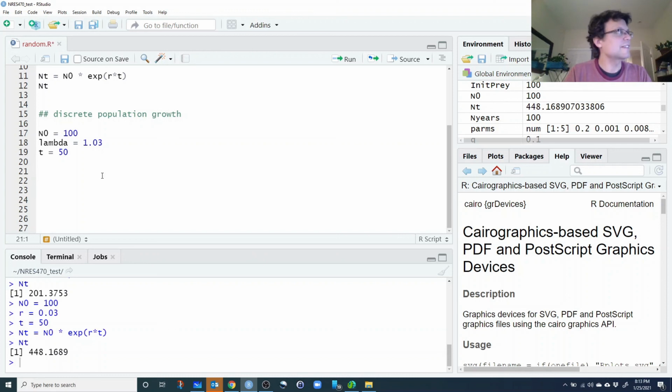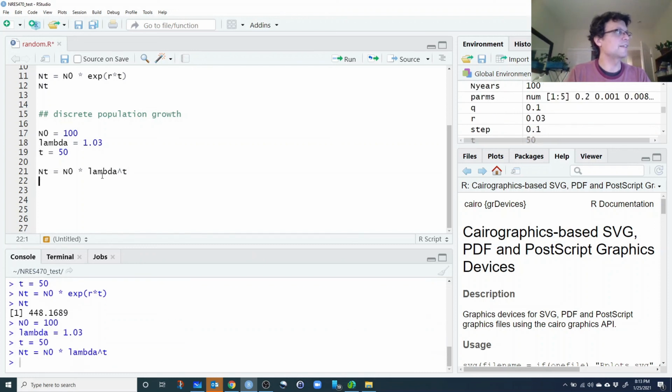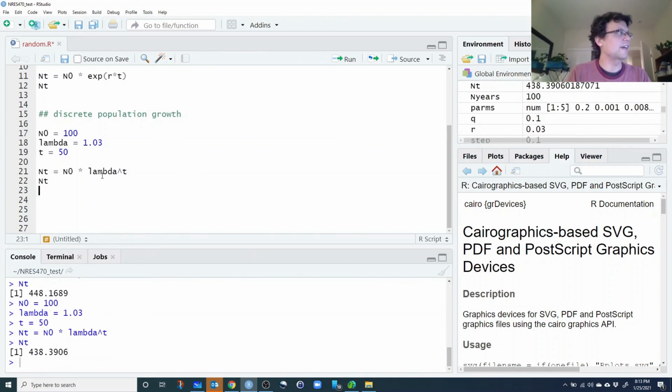So let's write out our discrete population growth. So nt is going to be equal to n0 times lambda to the power of t. I'm going to read those in, and let's look at what nt is. It's 438.